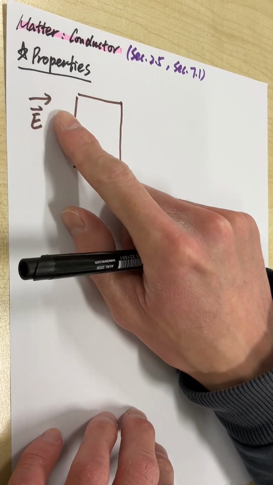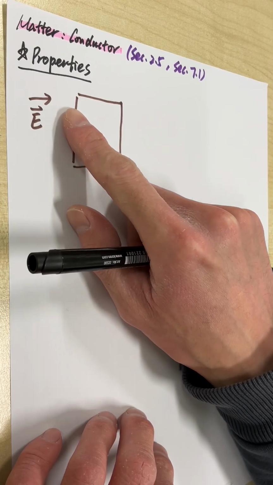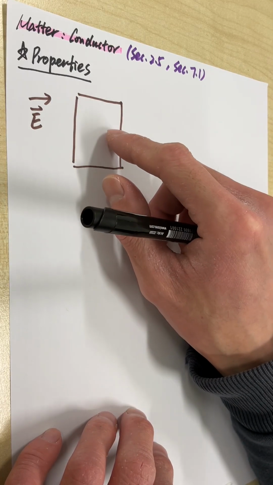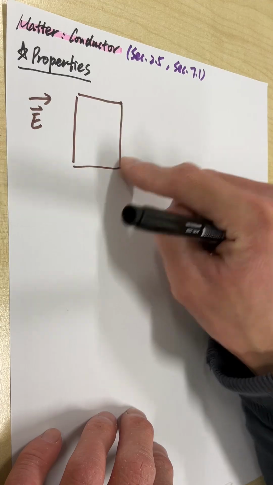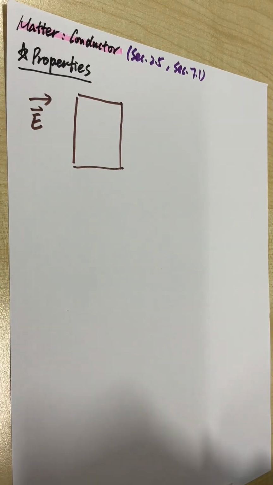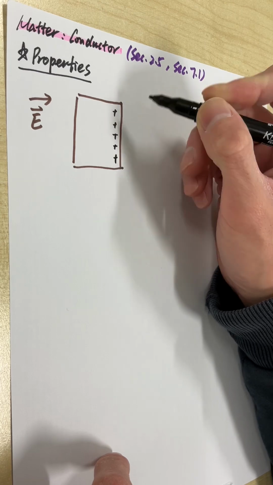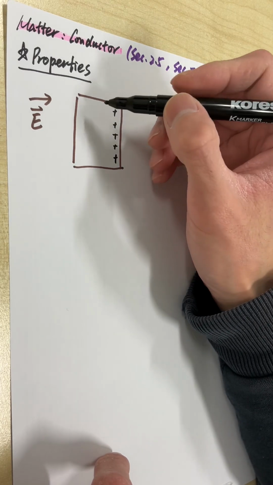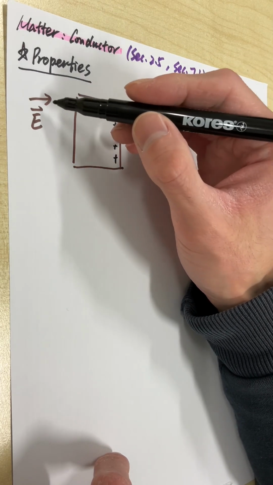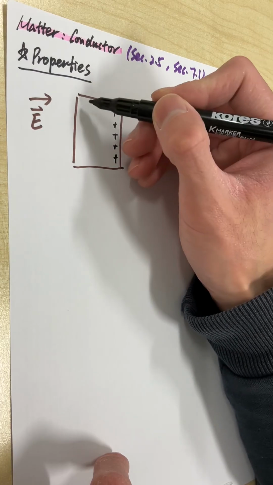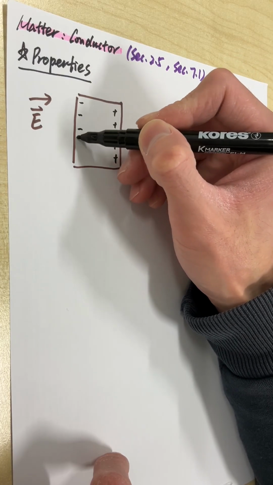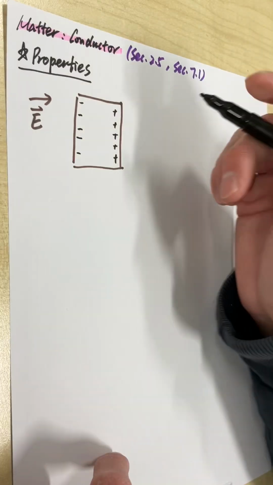Suppose we have an external electrical field, and if this is a perfect conductor, all the positive charge will move immediately towards the direction of the external electrical field, and all the negative charges are left on the other side.